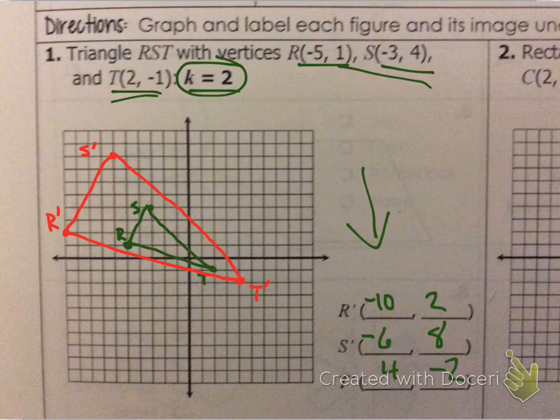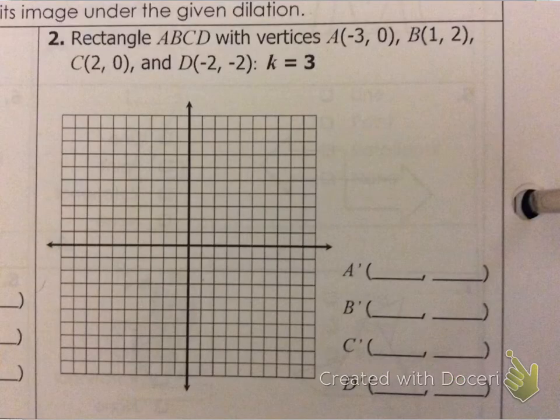Again, all that is just a quick multiply, and you've got your answer, and it should hopefully be fairly simple. So in this one, let's see if you can go ahead and give me the coordinates and go from there. What you should have gotten is -9, 0, 3, 6, 6, 0, and -6, -6.